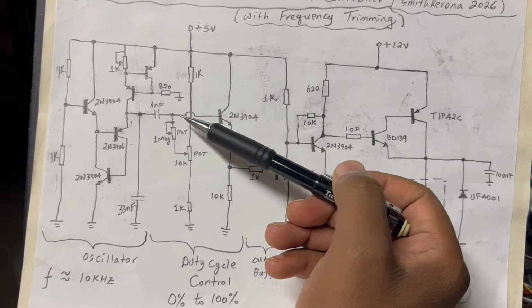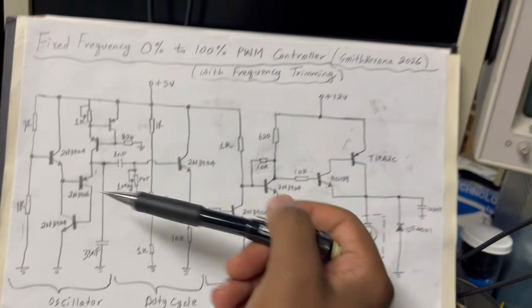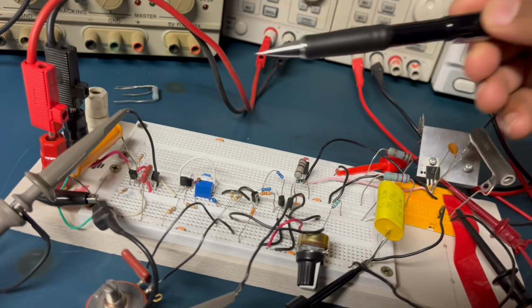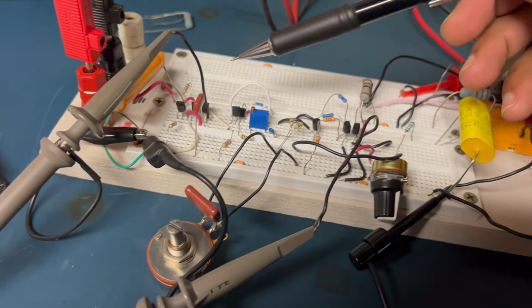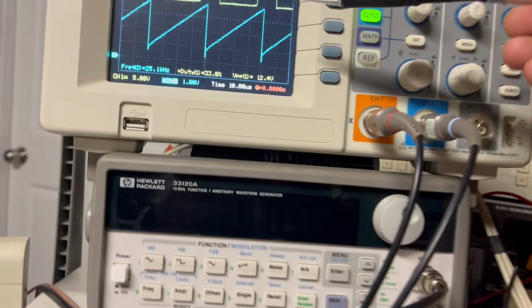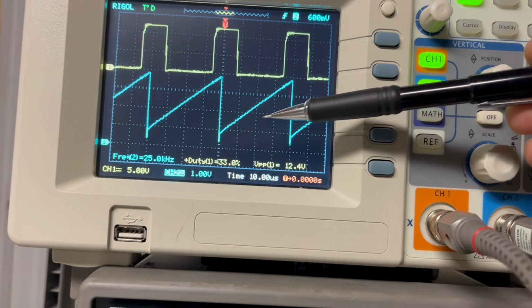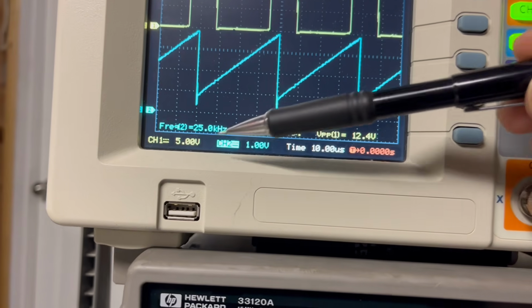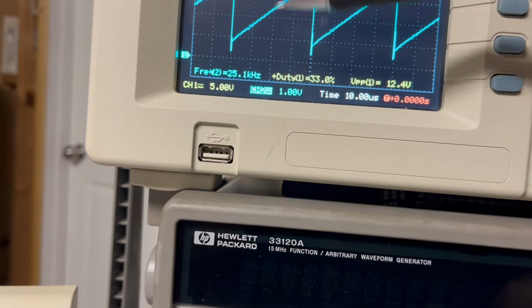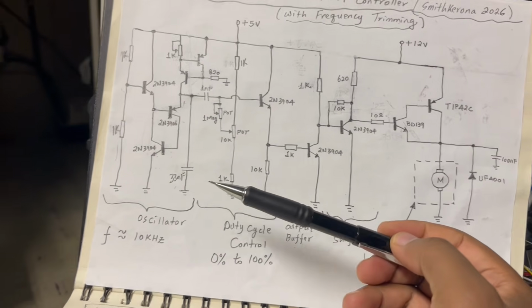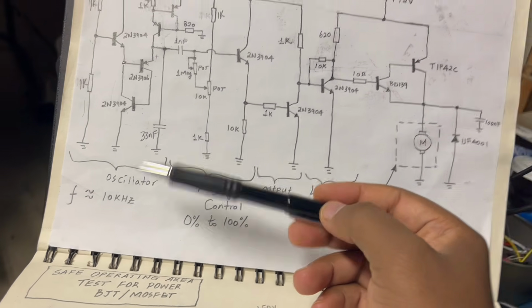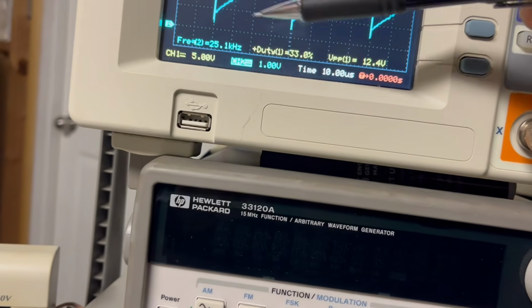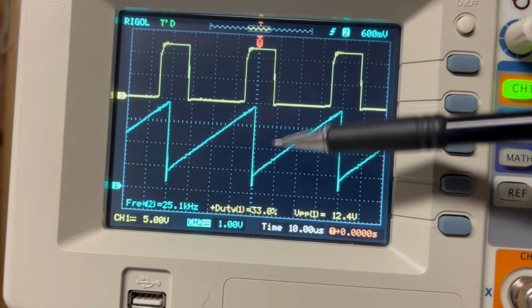So if we look at the waveform at this junction here, as you remember, this is the full circuit. Right now we're looking at the generated triangular waveform, and in this case I have 25 kilohertz, but that's just because I'm using a smaller capacitance here, about 10 nanofarads, so that shouldn't concern us too much.